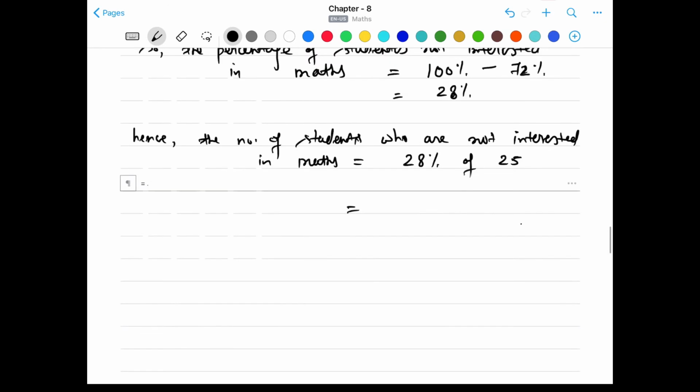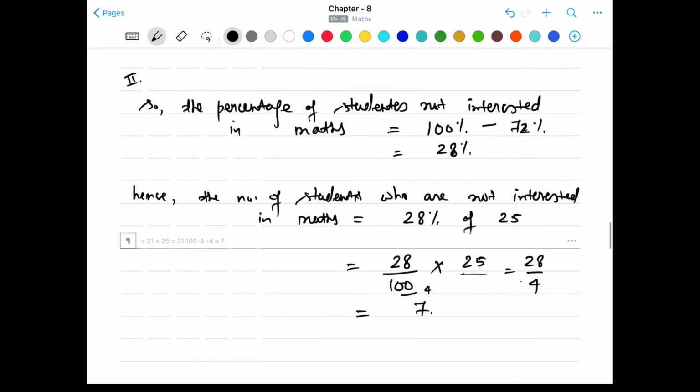In order to solve this, when you remove the percentage sign from 28, you will get 100 in the denominator, and "of" means multiplication by 25. Now when you solve this, we divide 25 by 100 and you will get 4 here. So this will be 28 by 4, and that will be 7. So that's the answer.